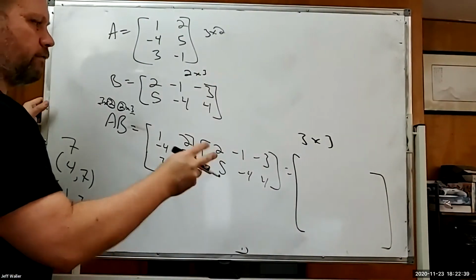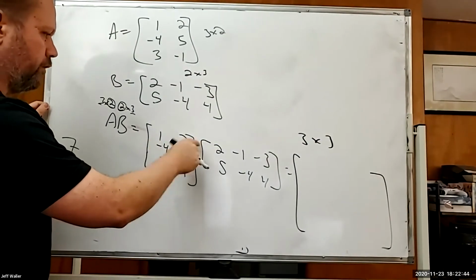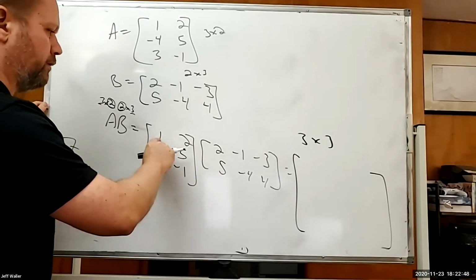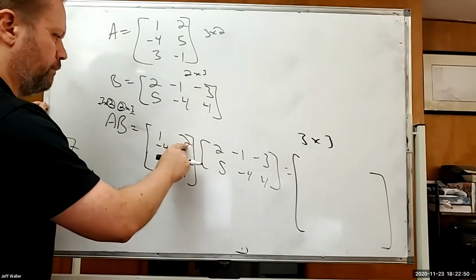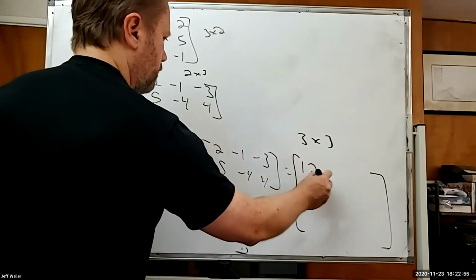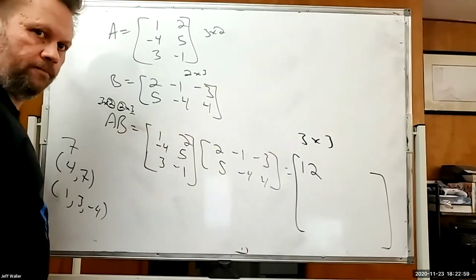Let's see why it's 3 by 3. The way this works is I do the first row times the first column, and it's a dot product. So it'll be 1 times 2 is 2, plus 2 times 5 is 10. So I get 12. So the first row, first column is 12.